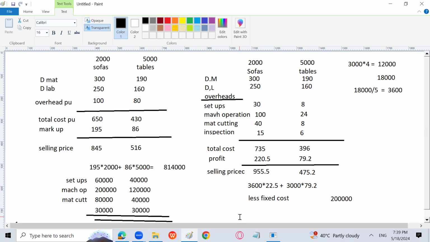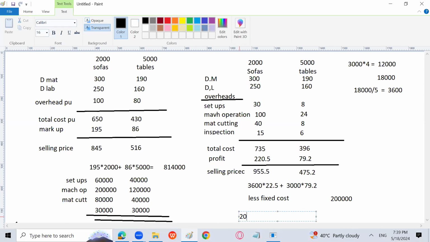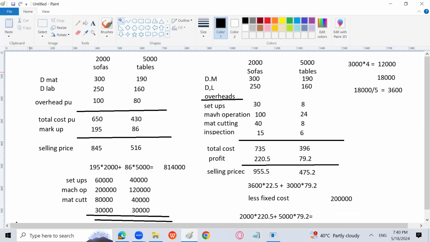And how are we going to calculate the previous total profit? 2,000 into 220.5 plus 5,000 into 79.2. So you will calculate the total profit available by producing 2,000 sofas and 5,000 tables, and then compare it with the profit of 3,600 sofas and 3,000 tables. But you have to calculate the profit first, by subtracting the fixed cost.